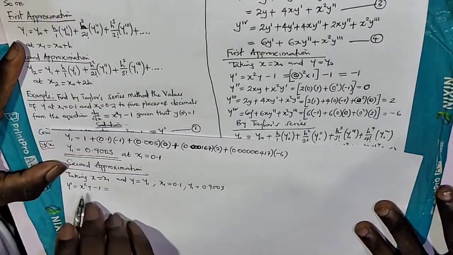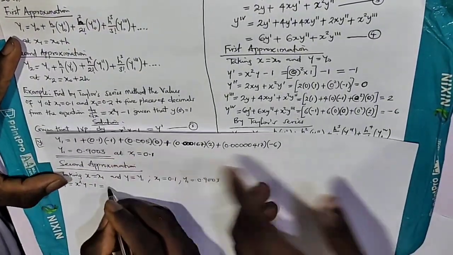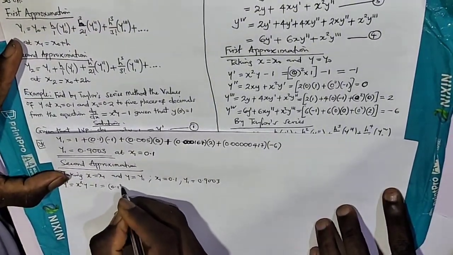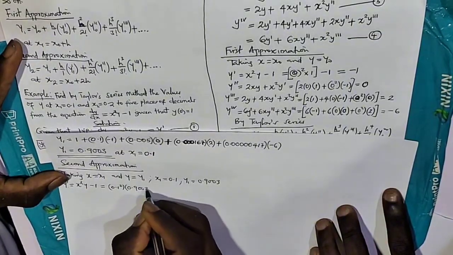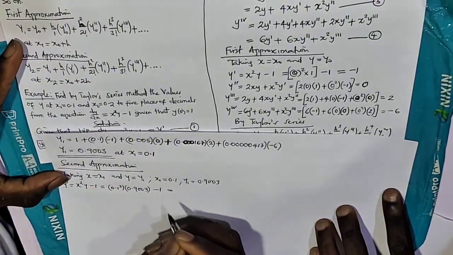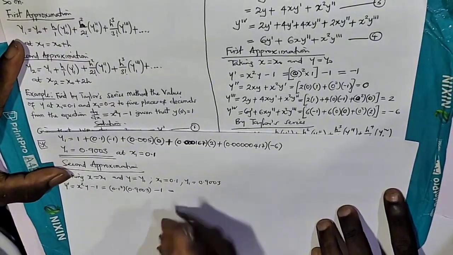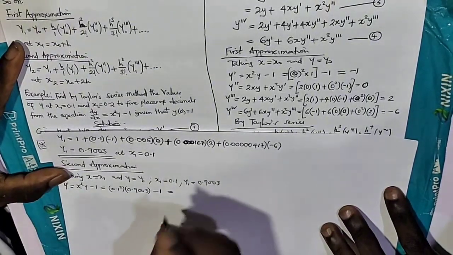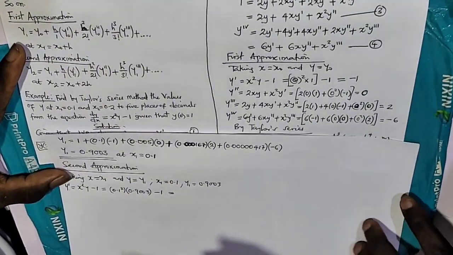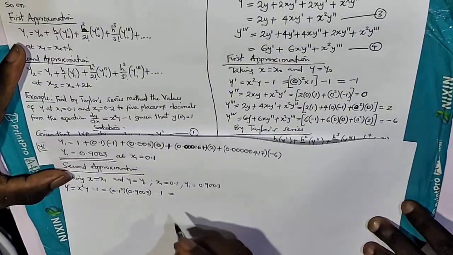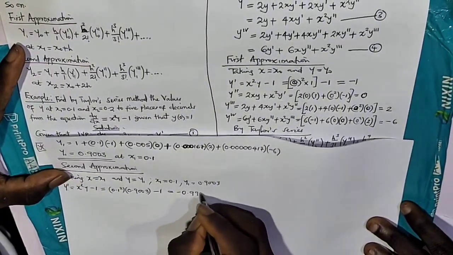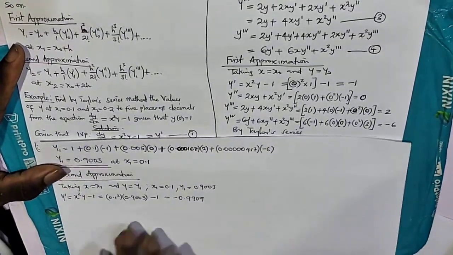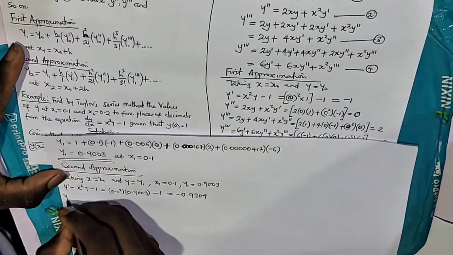So now x squared will be 0.1 squared, and y is 0.9003 minus 1. Using your calculator, you should get negative 0.9909. Please make sure you use your calculator to confirm all these values.